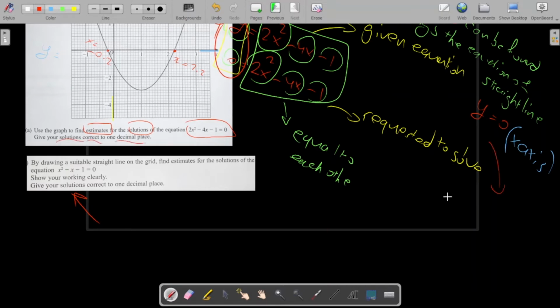So the solutions of 2x squared minus 4x minus 1 equals 0 are, there are two of them: x equals 2.2, remember, one decimal point, or x equals minus 0.2.